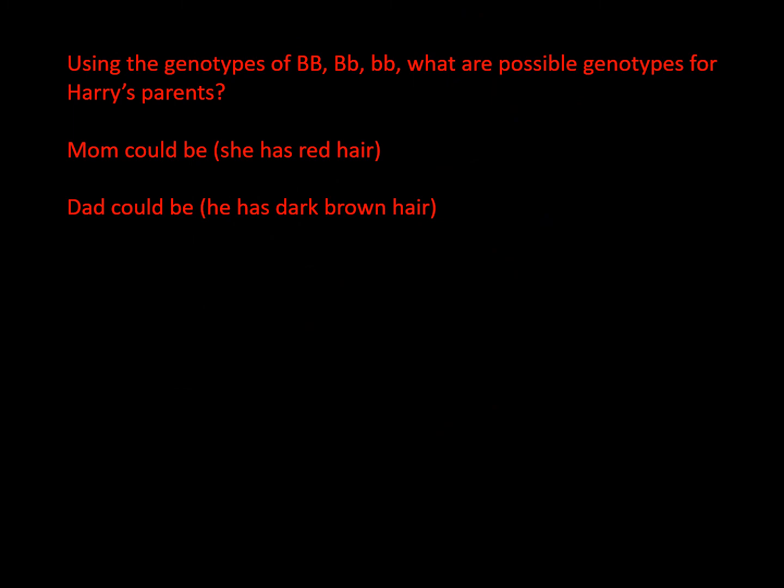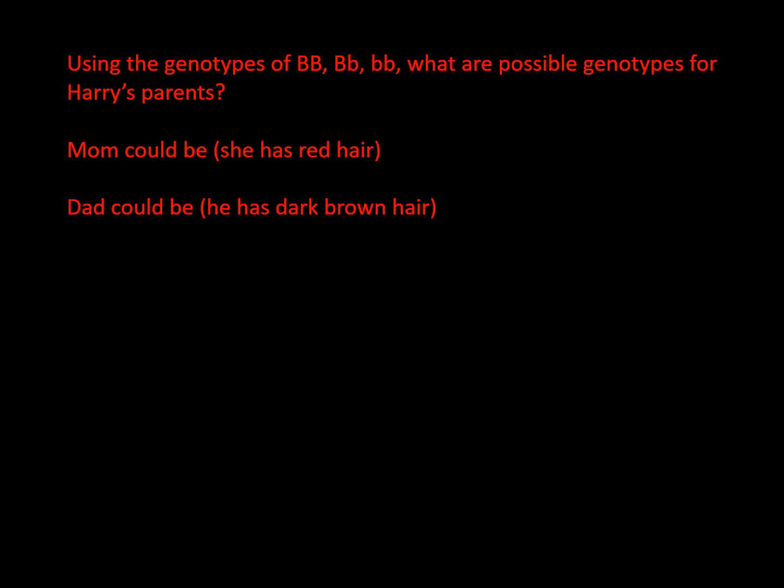Using big B for homozygous dominant for brown hair, big B, little b for heterozygous, still showing the trait of brown hair, and little b, little b for the trait of red hair, homozygous recessive, what are the possible genotypes for Harry's parents?